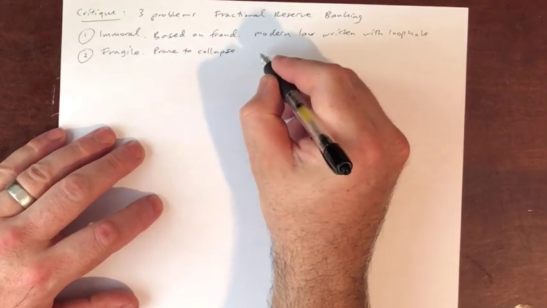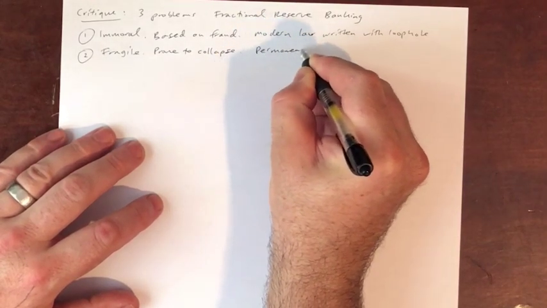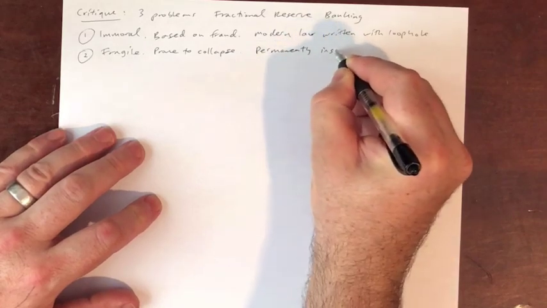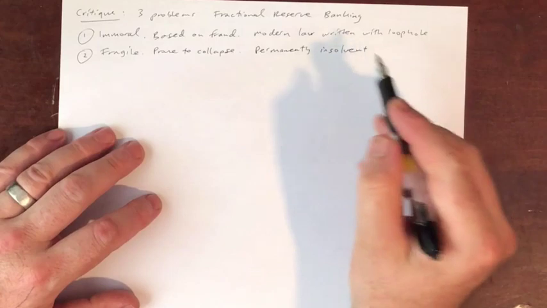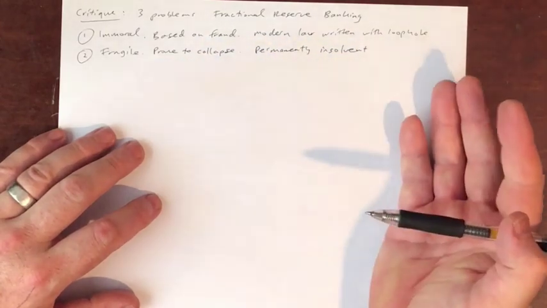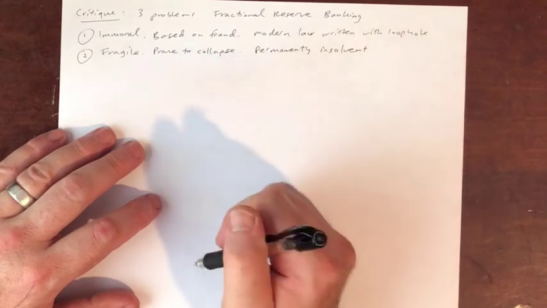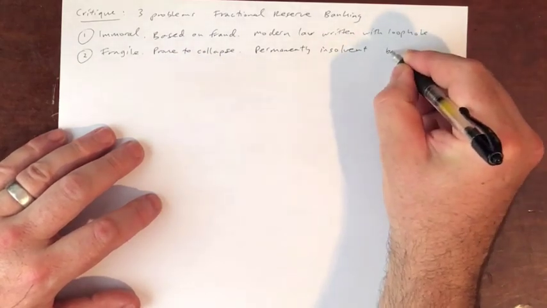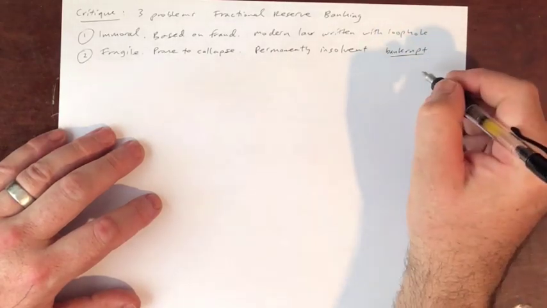The problem with the fractional reserve system is that it is actually permanently insolvent. I mean, that's what this is called, right? It's called insolvency when your liabilities permanently exceed your assets. That is insolvency, right? So we could say banks are actually bankrupt all the time, right?